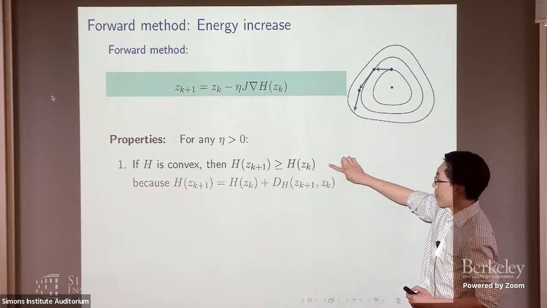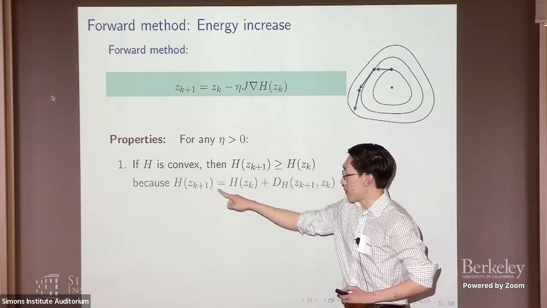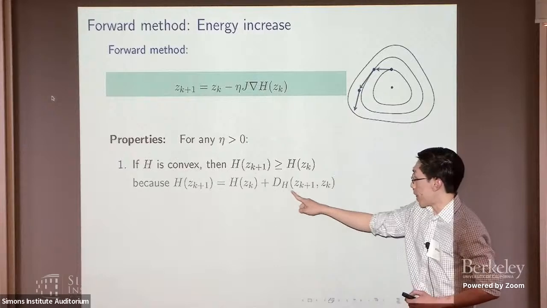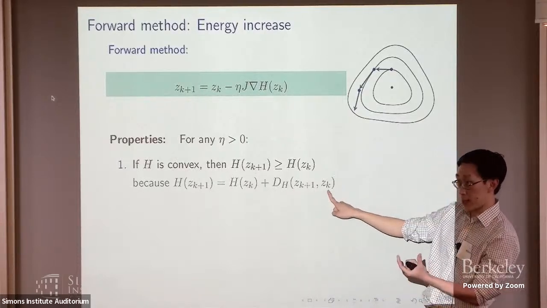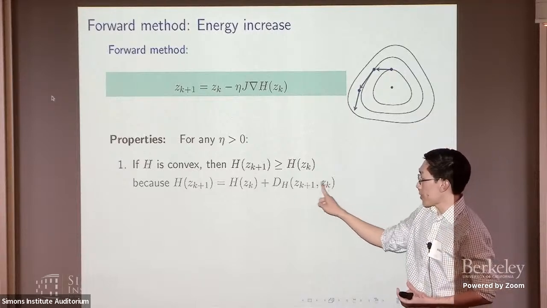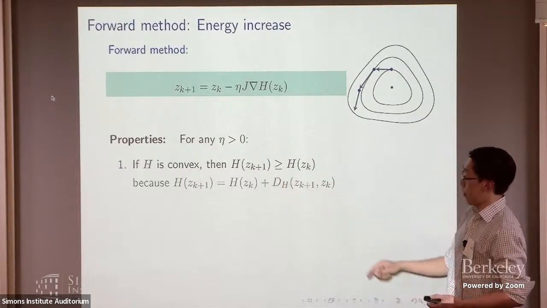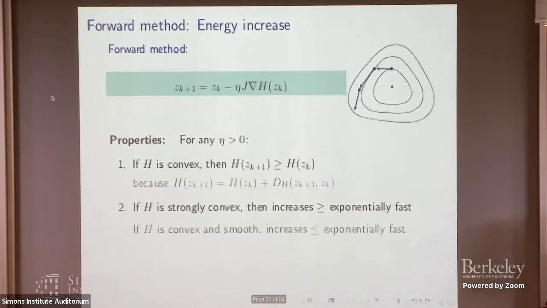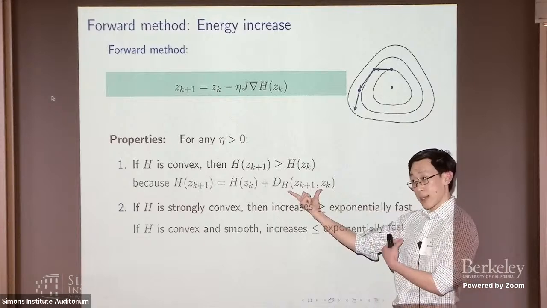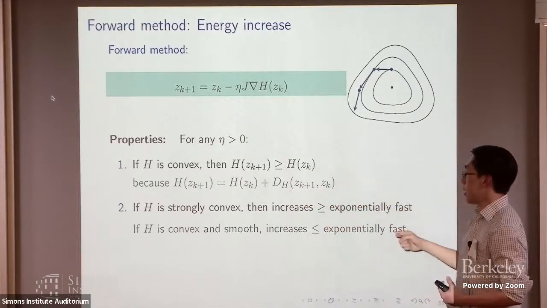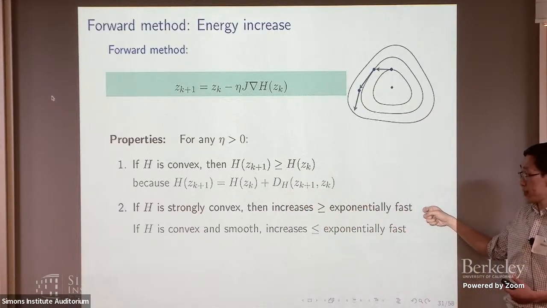And really, this is because you can just write down the difference of the energy function. And what comes out is the Bregman divergence of your energy function at successive points. And because H is convex, it's always non-negative. And moreover, if you assume strong convexity, then you can say that this is always at least something. So you can improve this to get an exponential rate.